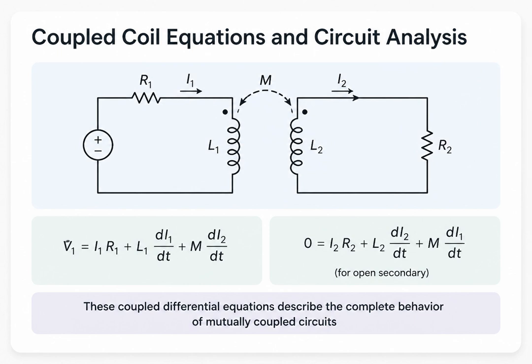When the secondary is loaded, an additional term for the load impedance appears. Solving these coupled equations requires careful algebraic manipulation and often benefits from Laplace transform techniques or phasor analysis in AC circuits. These equations form the foundation for transformer design and analysis.